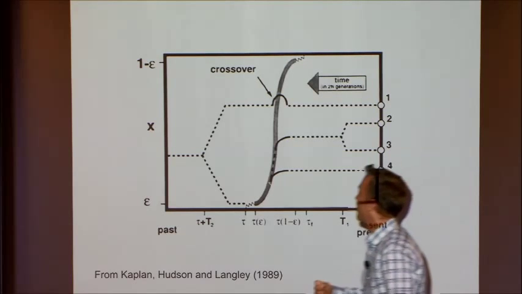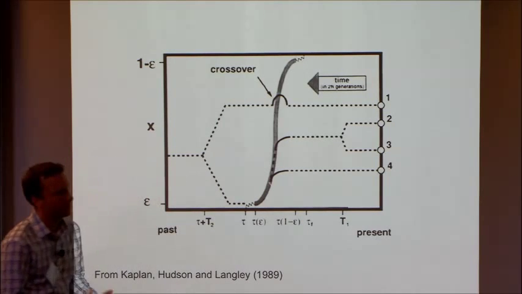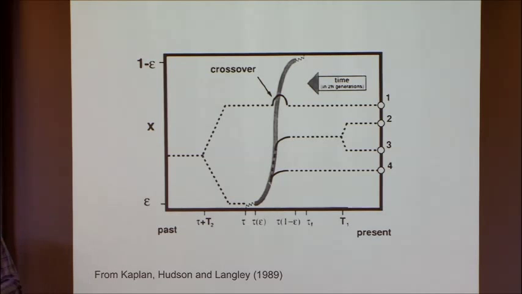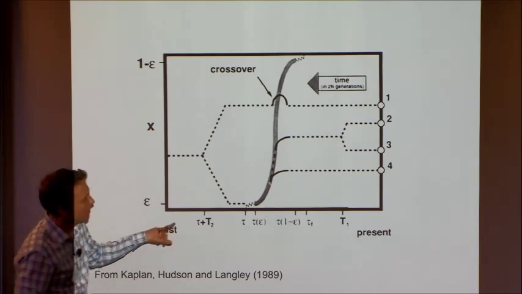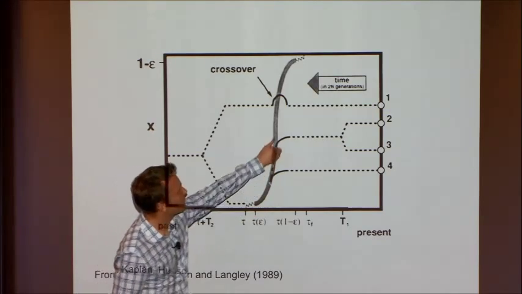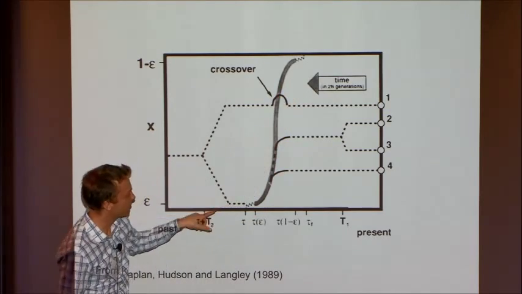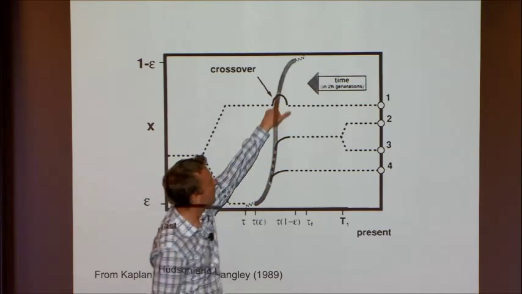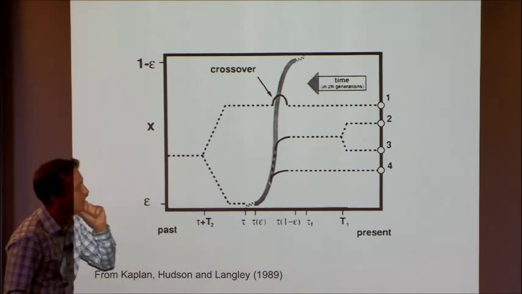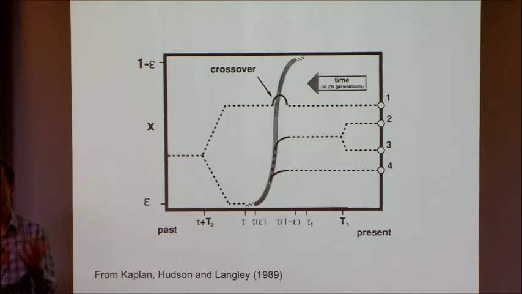And the way they were modeling it is that they were dividing the problem into two parts, something that's been used in many, many applications since then. The first problem is what's the trajectory of the selected allele through time? How does that change? That's what is depicted here. And the second problem is how does the genealogy look conditional on that trajectory? Doing it like that simplifies things a lot.